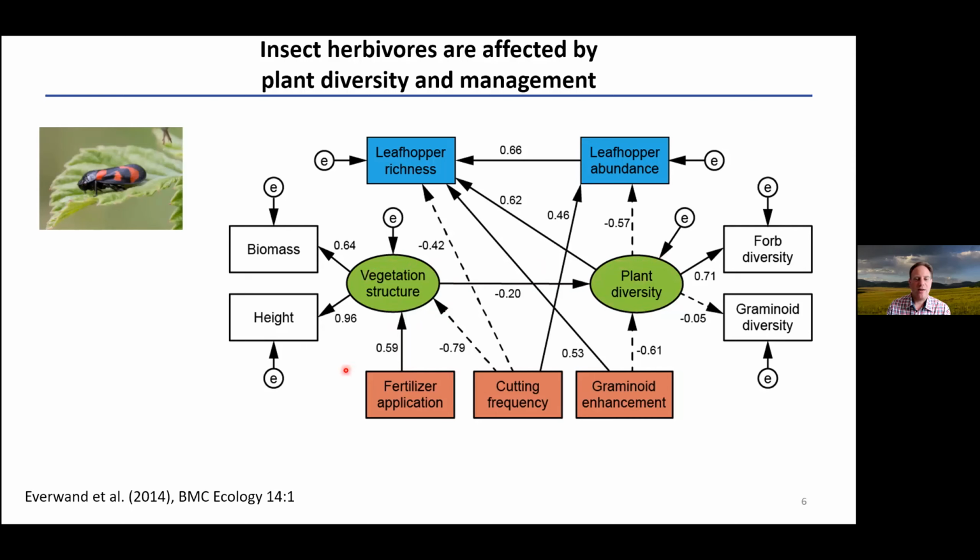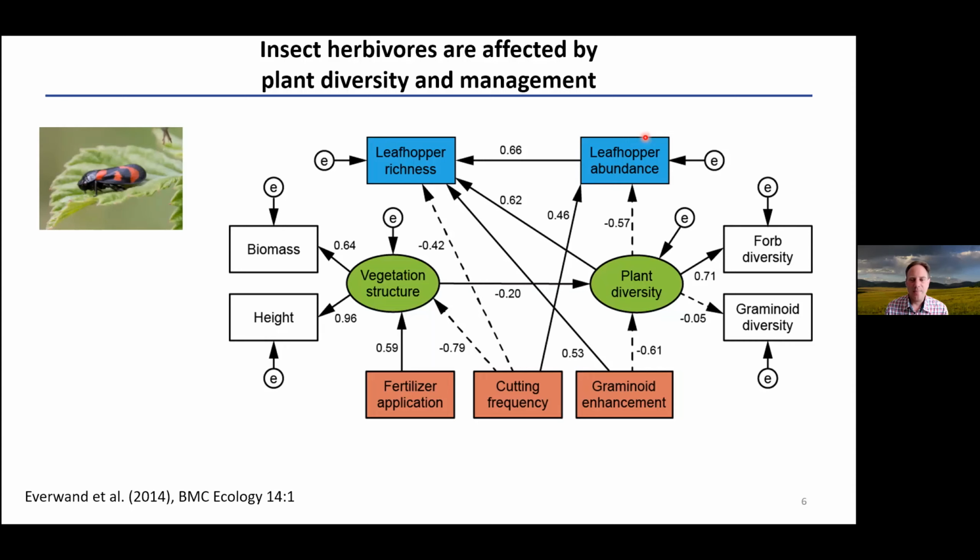So this shows that grassland management, these three treatments here, of course have an effect on vegetation structure that also affects the richness of plants in the sward, and then you have these effects on the leafhoppers. So this shows that replicated experiments can be used to look at interactions between management, vegetation, and insects.